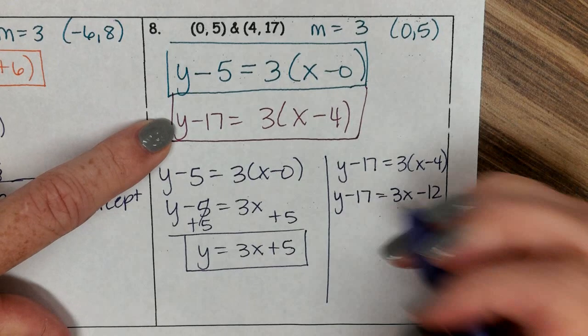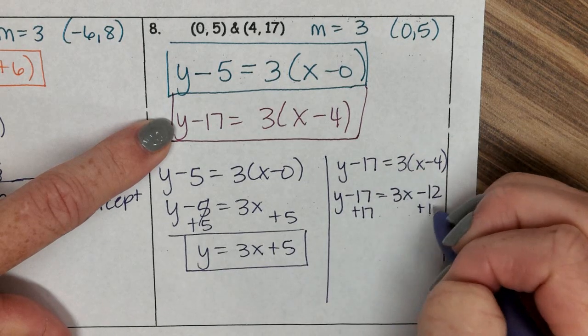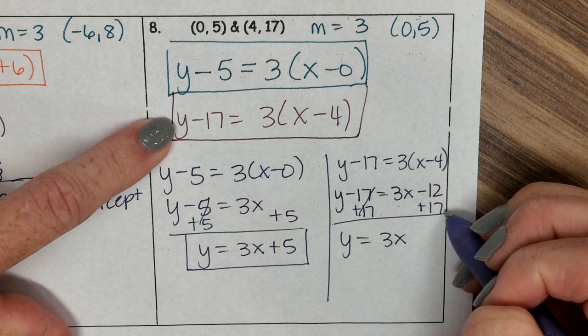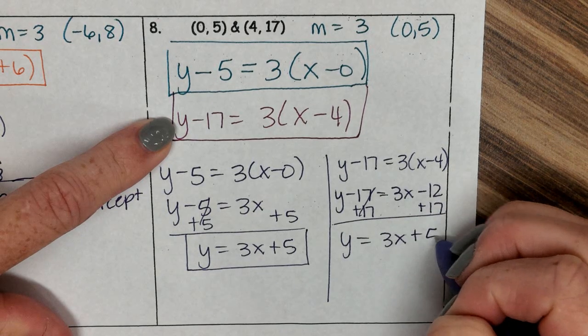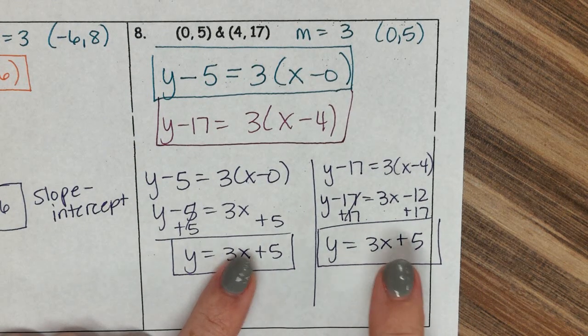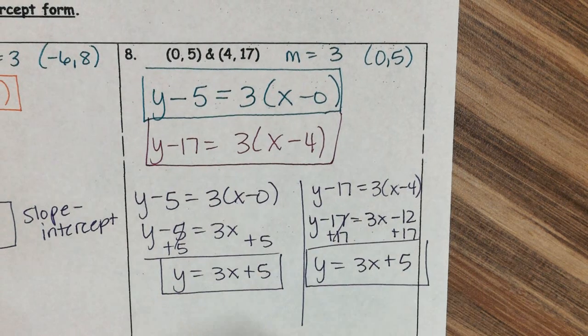If I get rid of the 17, I add 17, and I'm left with y equals 3x, and negative 12 plus 17 is positive 5. Did I get the exact same slope-intercept for these two point-slope equations? Why? Because they are the same equation. They are the same line if I graph them. Does that make sense to y'all?